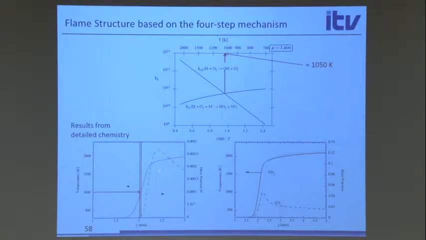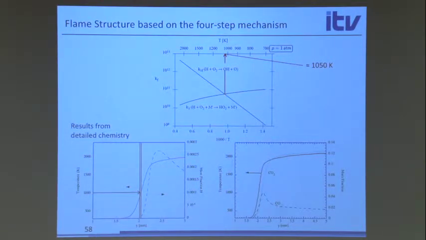This is shown here. So let's see if this is true. This here is the inner layer temperature. That's above this. That's where the hydrogen radicals are formed. So this is the hydrogen radical concentration, and when you get to this point here, then the hydrogen radical goes to 0. Why does it go to 0? Because the methane comes from the preheat zone, and they go to 0 here at the same time.